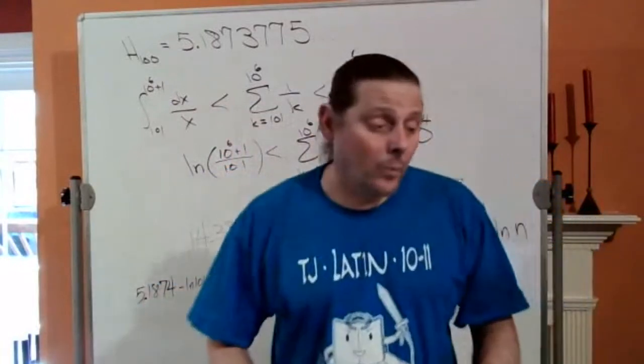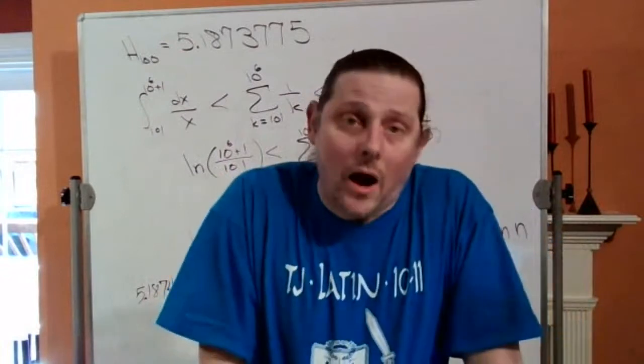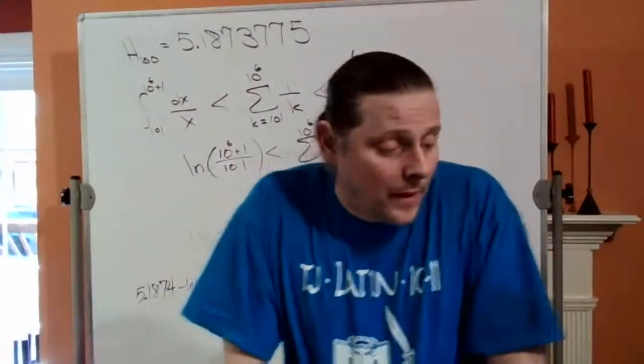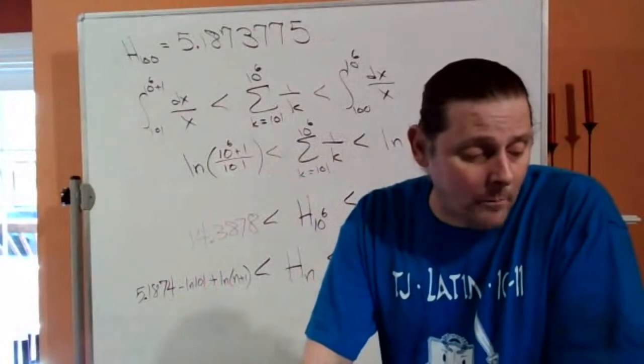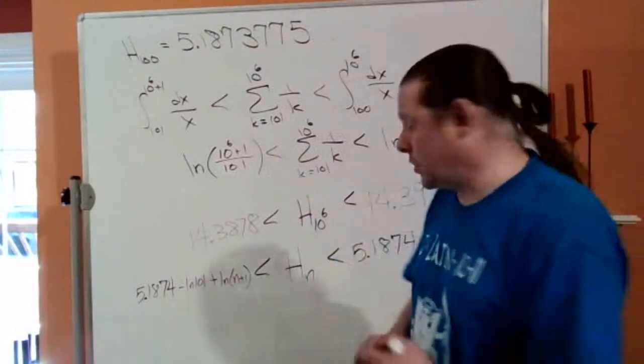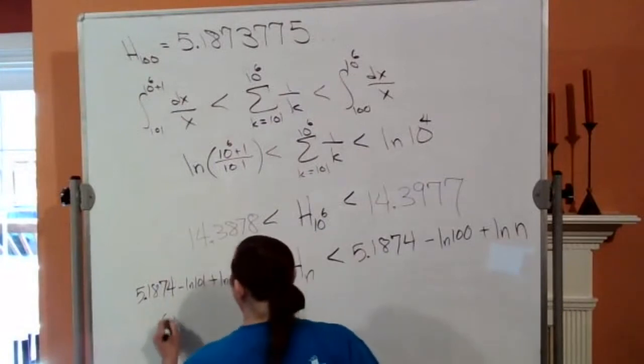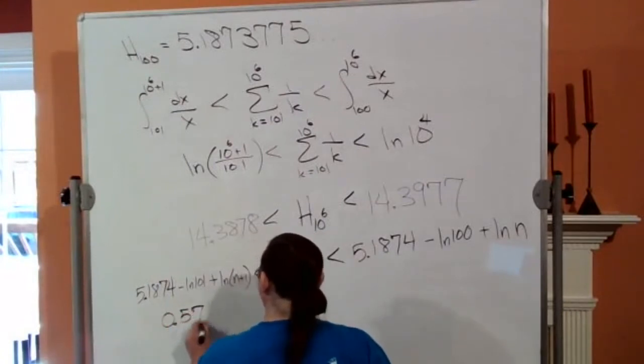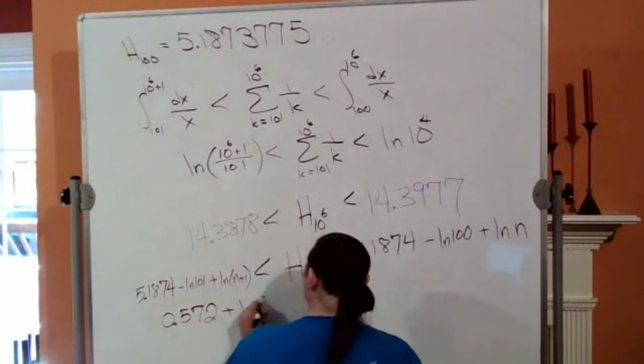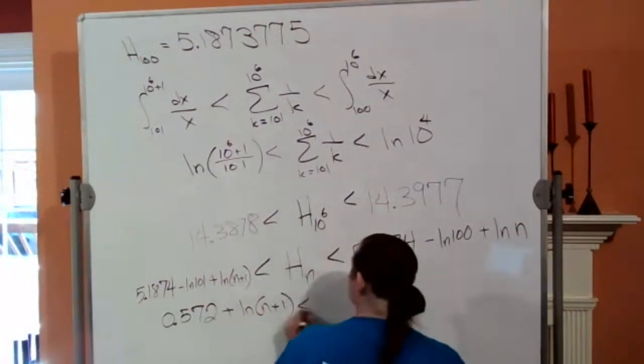All right? Now we can work those out and see that the left-hand side gives 0.572 plus the natural log of n plus 1.